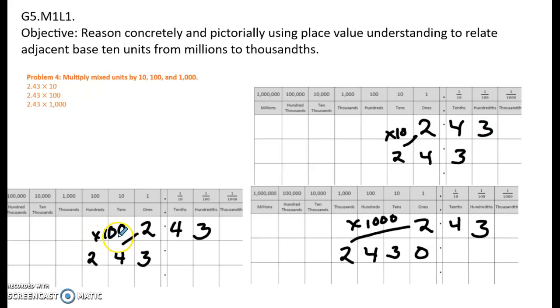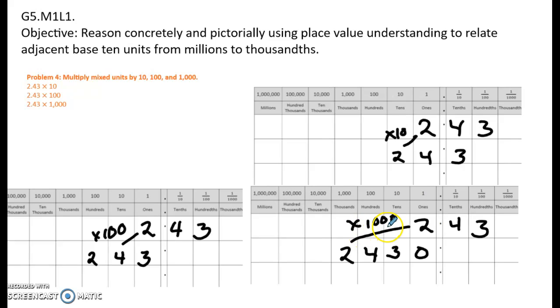In this example, times 100, 200 is 100 times greater than 2 ones. 4 tens is 100 times greater than 4/10, and 3 ones is 100 times greater than 3 hundredths.